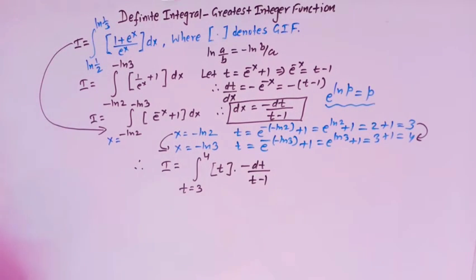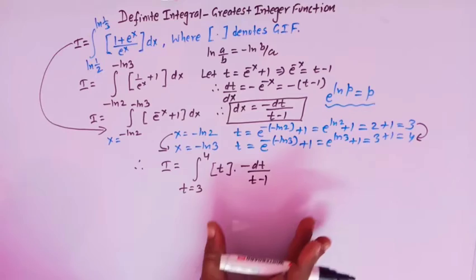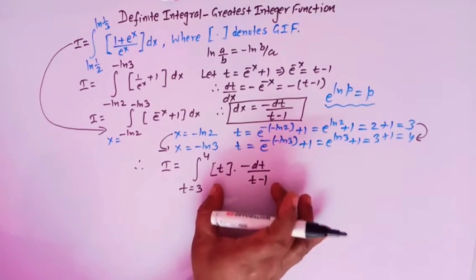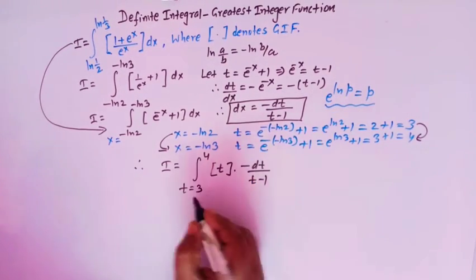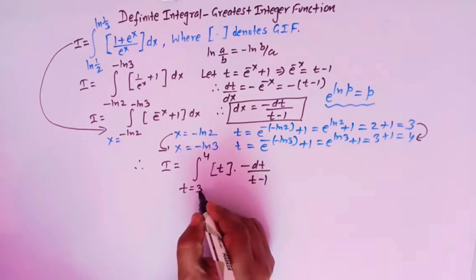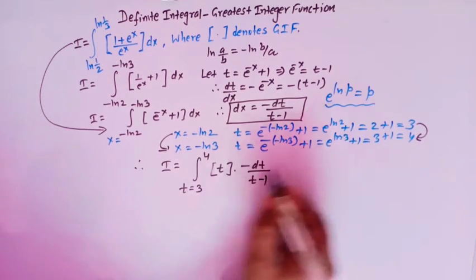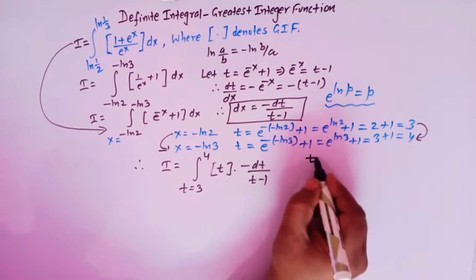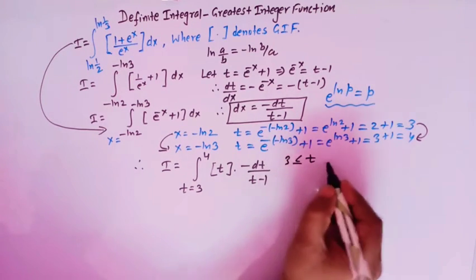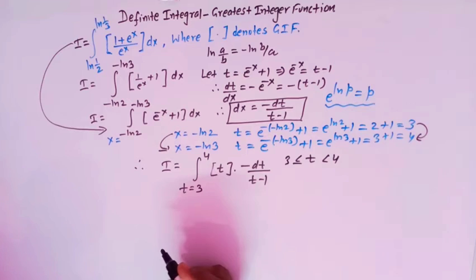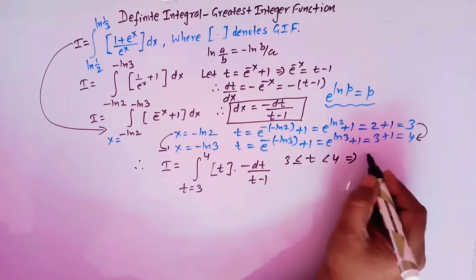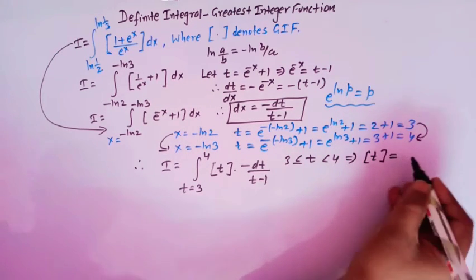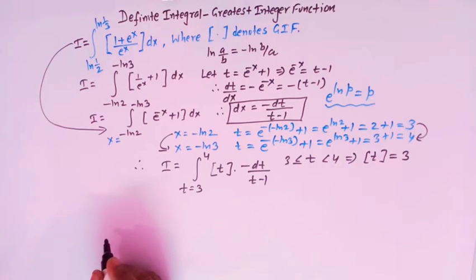Now t varies from 3 to 4. From the definition of the greatest integer function, we know that when t lies between 3 and 4, the value of the greatest integer of t is equal to 3.